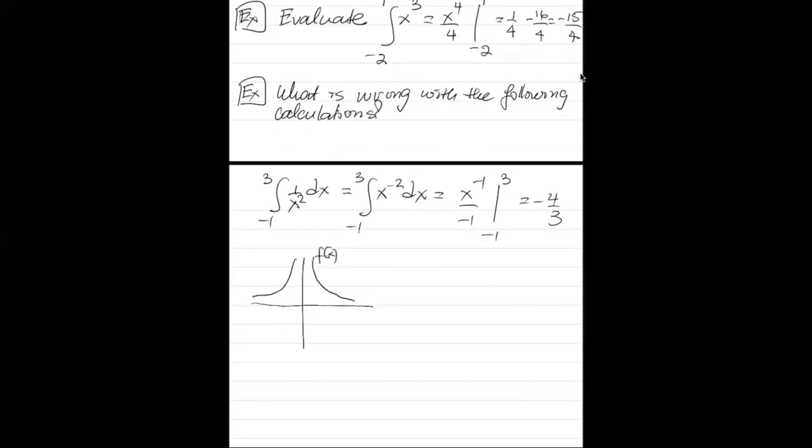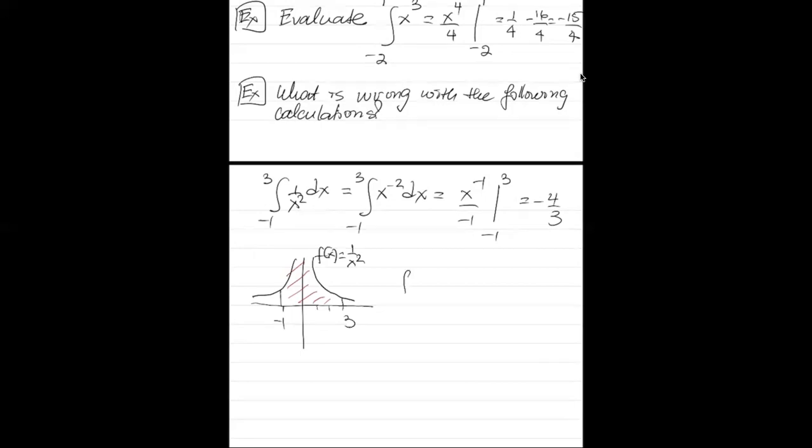We'll see that we have a problem because, first of all, we got a negative area, and if you graph the function f of x equals 1 over x squared, we see it's positive everywhere. So from negative 1 to 3, we're talking about this area, and that should be positive. And we got negative 4/3. So the problem is our function is not continuous at x equals 0.